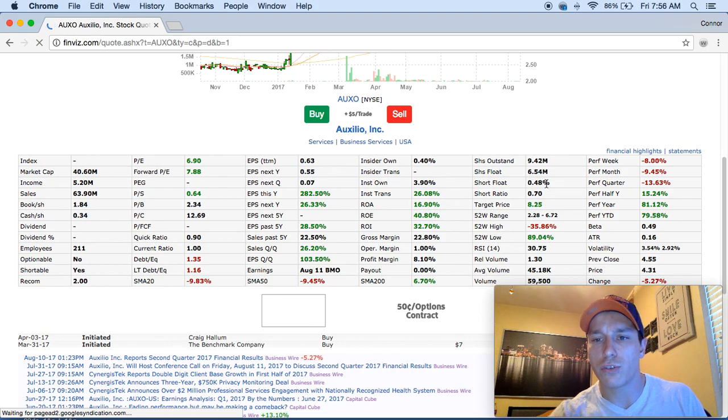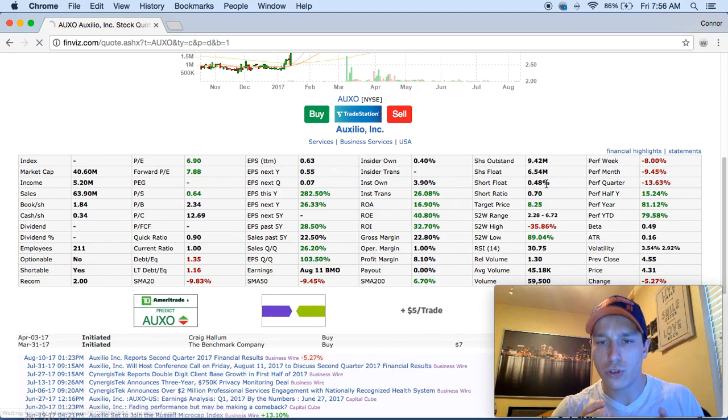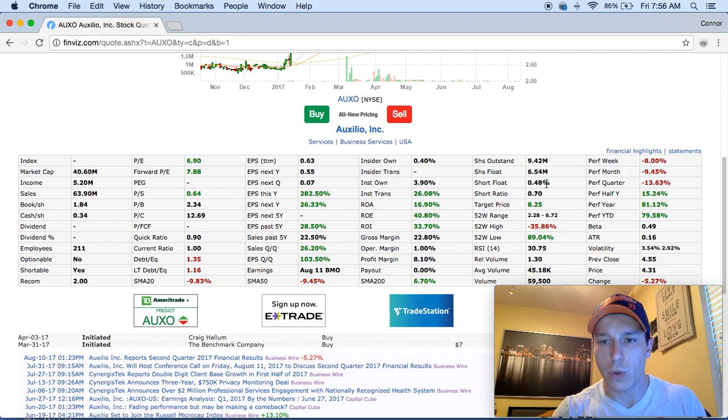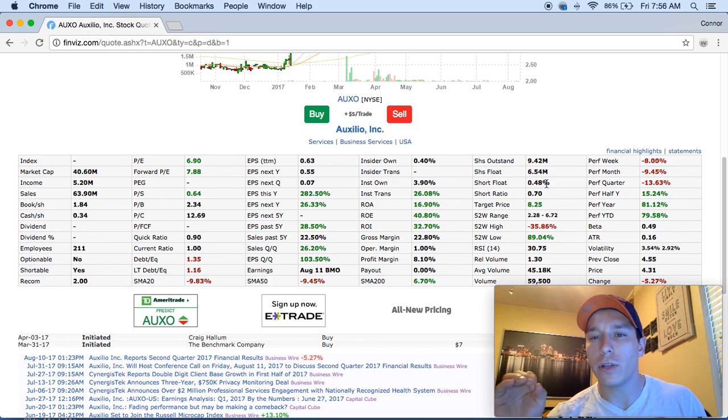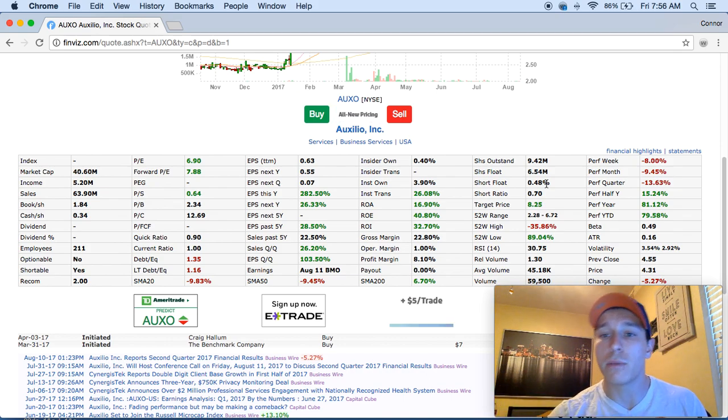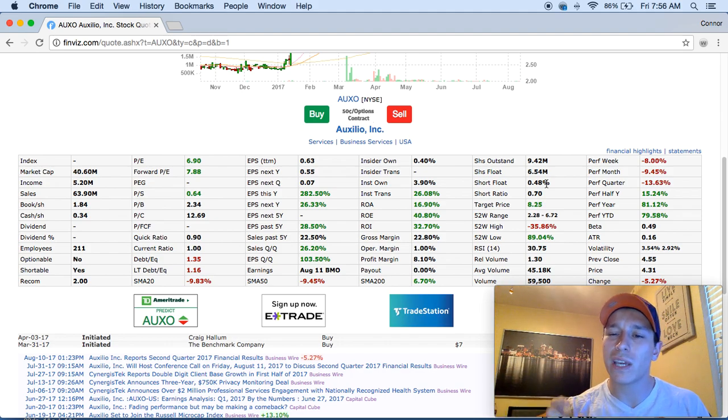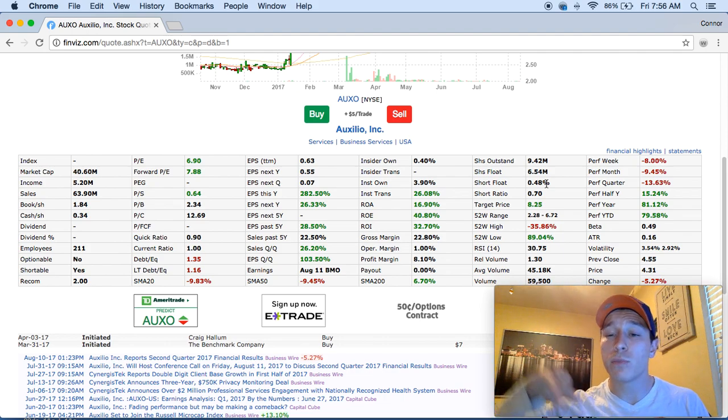So, just to recap right here, short float. When we see anything below 20 million share float, the share float kind of determines how quickly a stock is going to move. So if it's below 20 million, we consider that pretty low, and we could expect to see quick price movements.